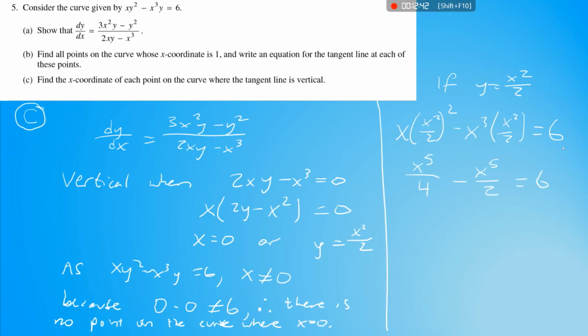So that's minus x to the fifth power over 4. Not quite. Let's get a common denominator, 4. Okay, so that'll be x to the 5th over 4 minus what? 2x to the fifth power over 4.